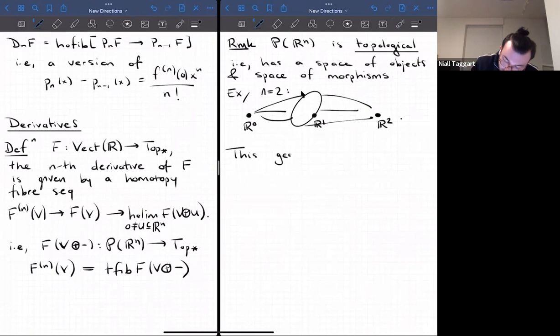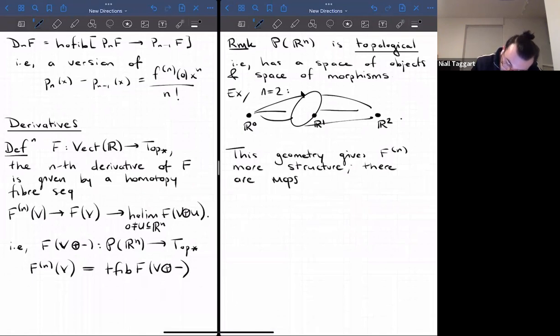This geometry would be linear algebra, if you want. It gives this nth derivative more structure. Namely, there are maps that go from the n-fold suspension of the nth derivative on some vector space to the nth derivative on that vector space plus a copy of the real line.